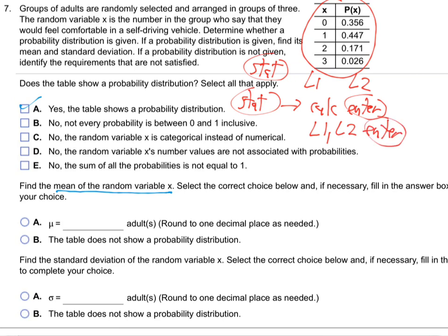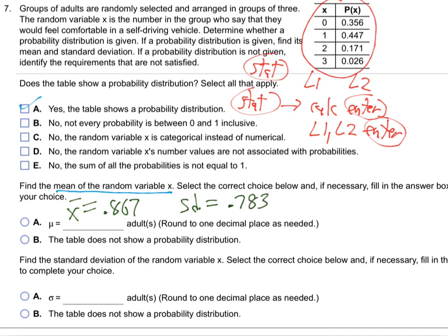And then it gives you the numbers. It tells you X bar is 0.867. And the next question, standard deviation, that's 0.783.